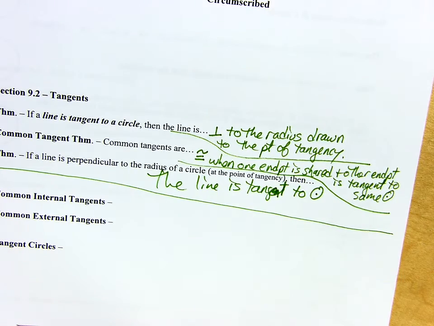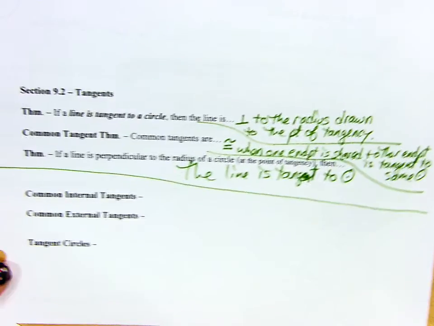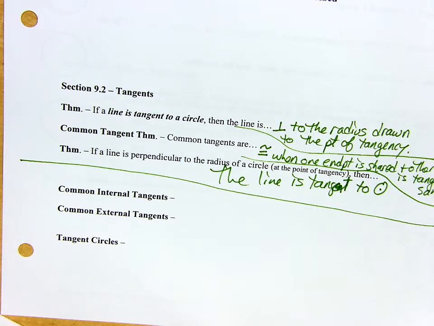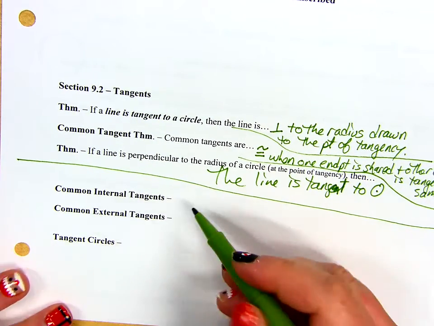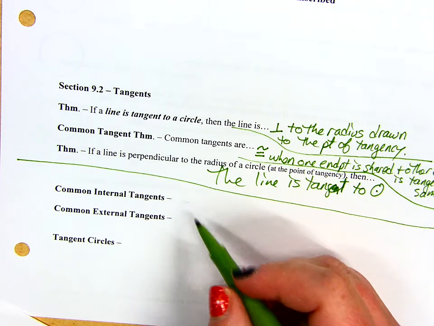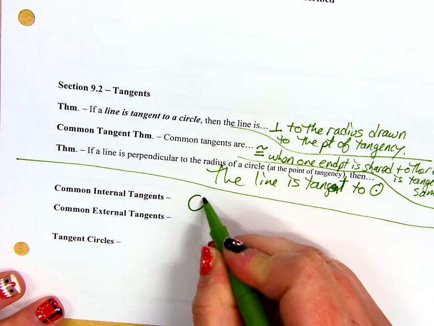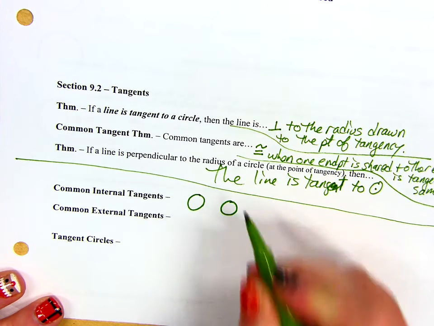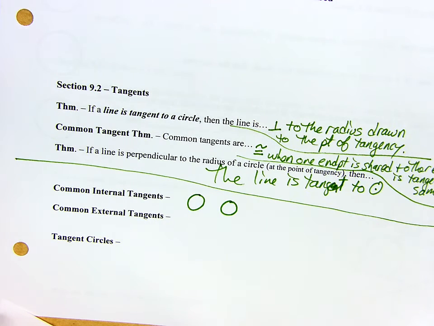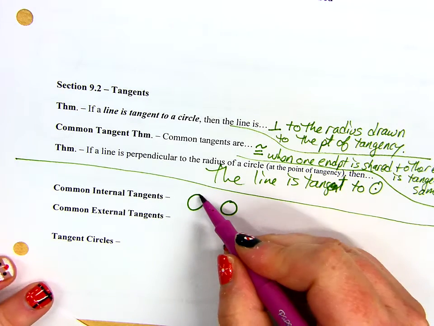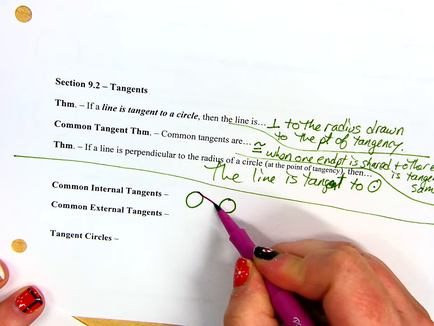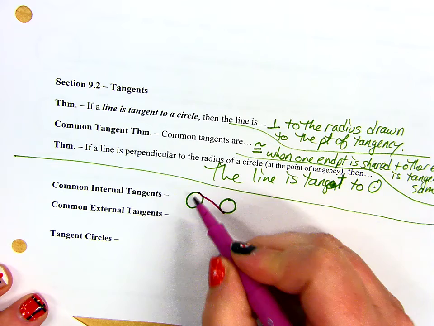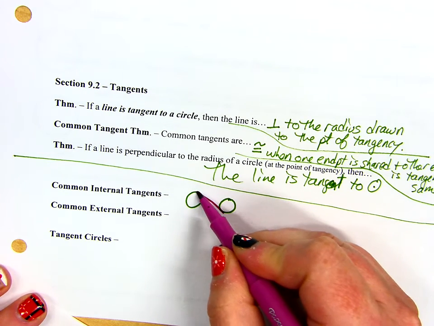So, common internal and common external tangents are best described in picture form, and then we'll put it in words if you like. Common internal tangents refer to when I have two circles, and a common internal tangent would look like this. It's going to be tangent to both circles, and it's going to go kind of like that.